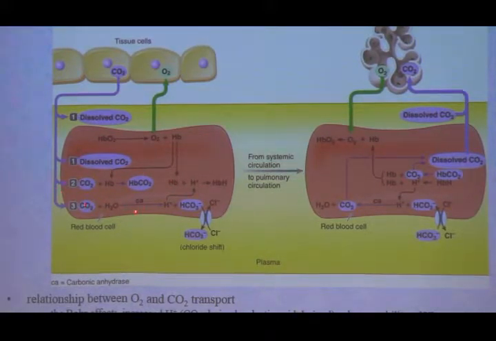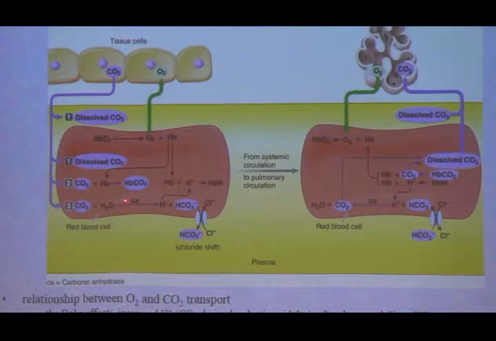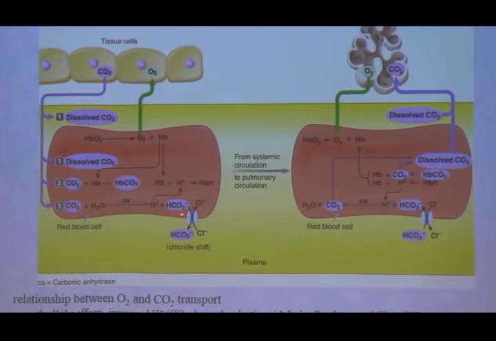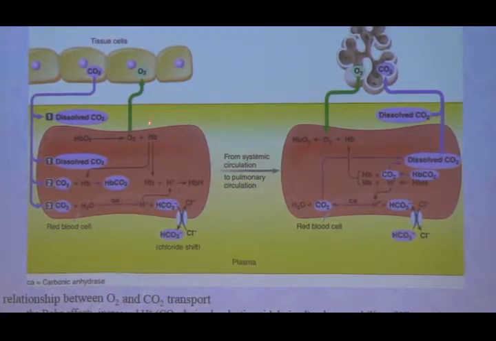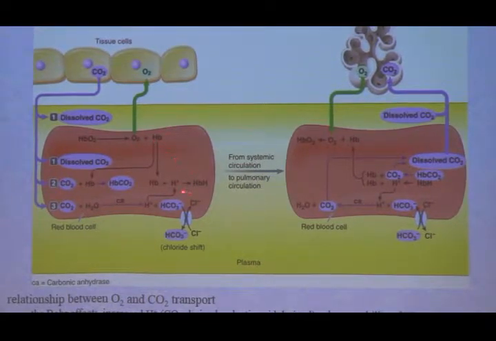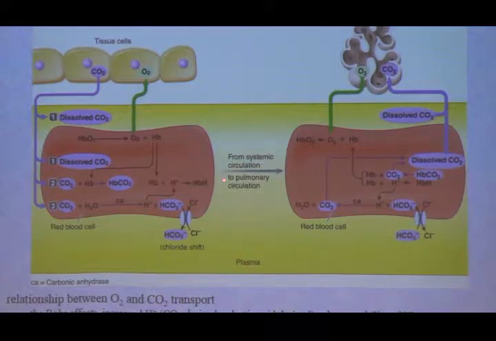Some of the dissolved CO2 participates in the reactions with water in the presence of carbonic anhydrase, ultimately to produce hydrogen ions and bicarbonate. The bicarbonate is exchanged for chloride in the so-called chloride shift. Again, as this is going on, oxygen dissociates from hemoglobin, and the deoxyhemoglobin binds the hydrogen ions produced by this reaction to form a reduced form of hemoglobin.